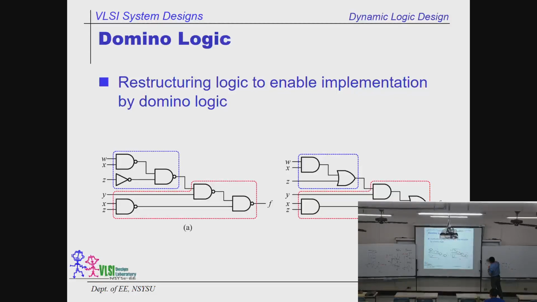For static logic, we like to eliminate all the inverters. But in dynamic logic, it's the other way around. We like to eliminate all the negative logic. This is quite easy, and let me put it down here so that you understand what I'm talking about. It is called bubble pushing.